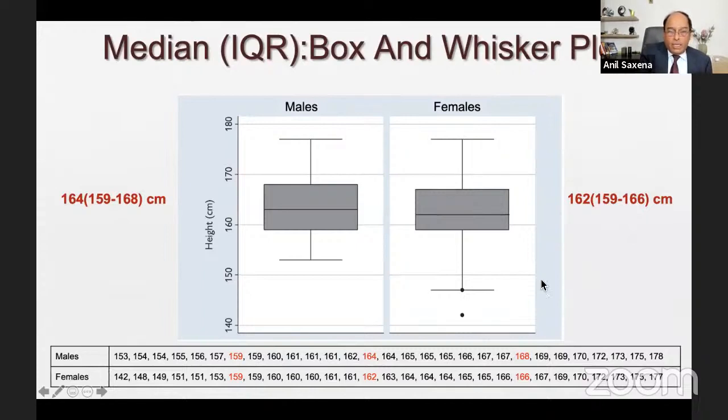So that's how you should look at these graphs. They represent the median, the interquartile range, and the top value and the bottom value. It's a very descriptive graph, but unless we know how to read these graphs, we will obviously not know.